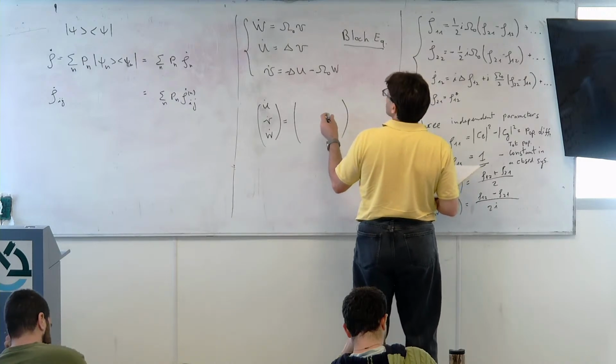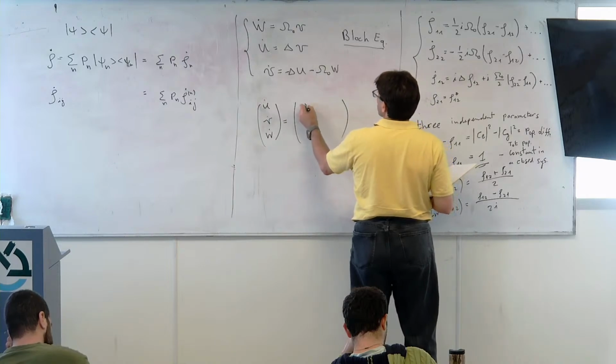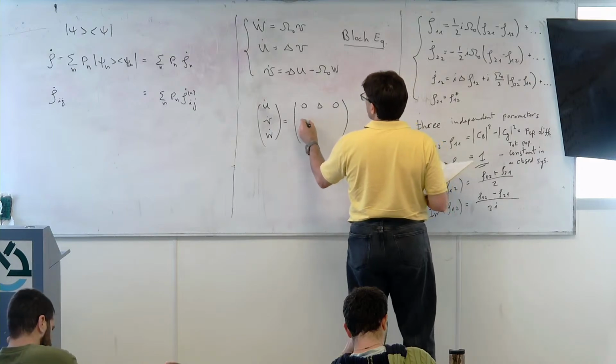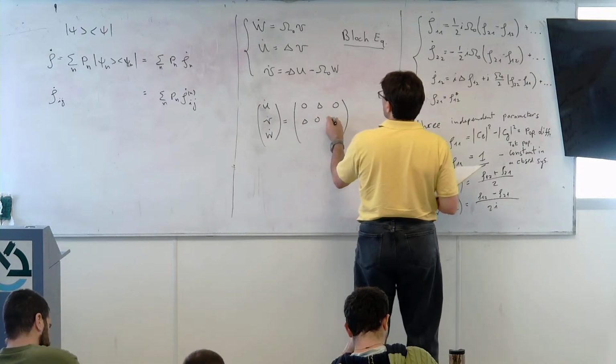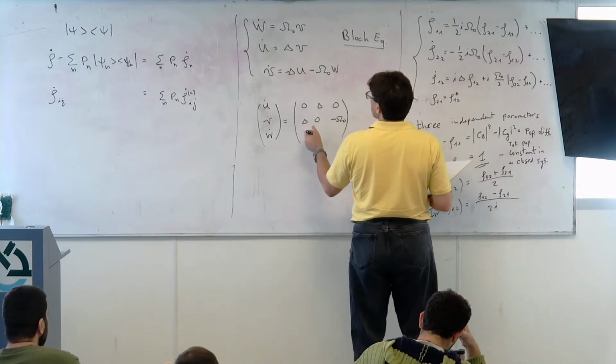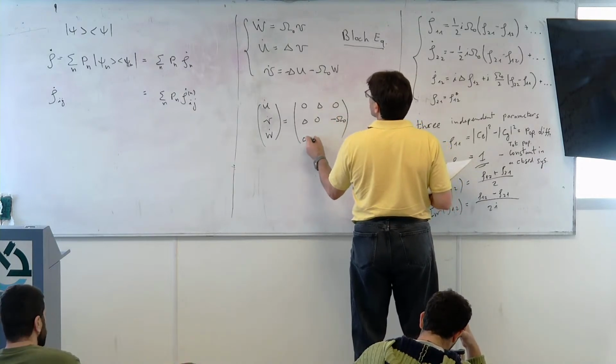Okay. So for U there's 0, delta 0. For V there's delta 0, minus omega 0. For W there is 0.